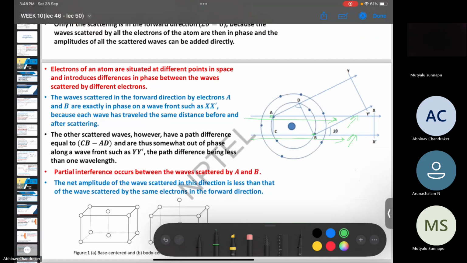That will give us the amplitude of the scattered beam by the atom. But in case the scattering is at some other angle, let's say 2 theta, then there will be a path difference between the two different scattered beams from two electrons, and due to this path difference, the beam formed by interference of these two will be different from the sum of the two individually.